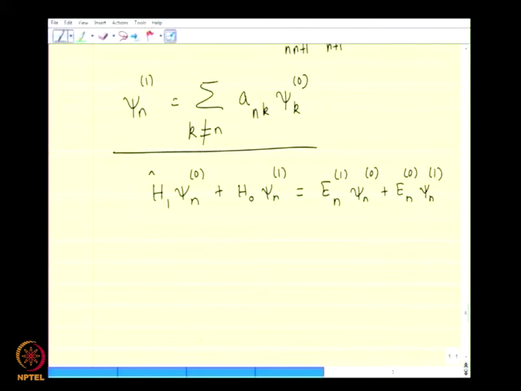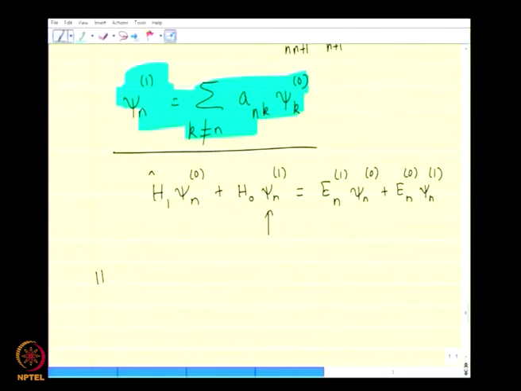Now substitute in here the expression that we have just now obtained, psi n1 in terms of this, we will bring that in here.